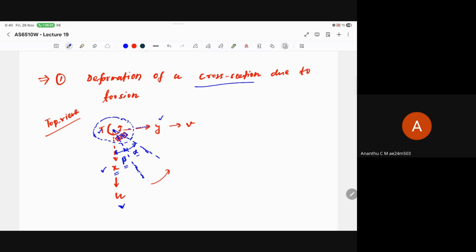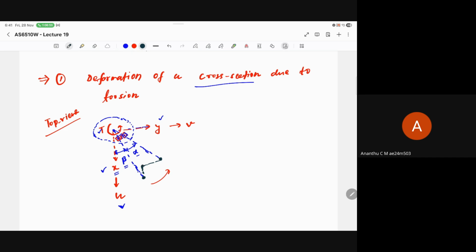Okay, so let us consider a point here. This point is moving, so this point is going to move here. This is the original location, this is the new location, and because of this, this is along the x-axis and this is along the y-axis.